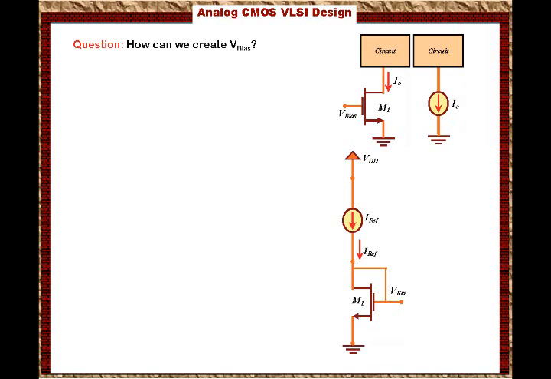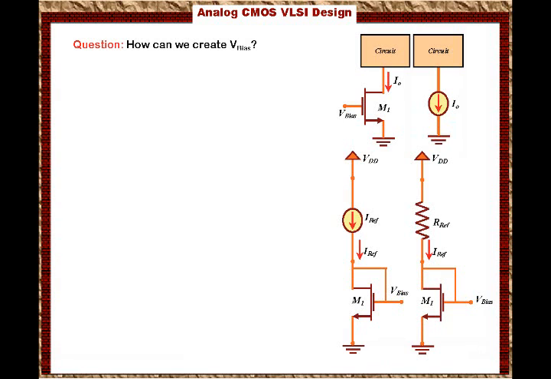Remember, this circuit is about V bias. How to create V bias? That's what we're doing here. Well, to replace this current source, what I do is I add a resistor called R reference. So what I have now is a voltage source connected to R reference that is connected to a diode connected transistor.